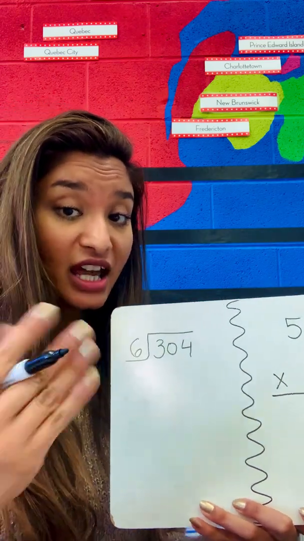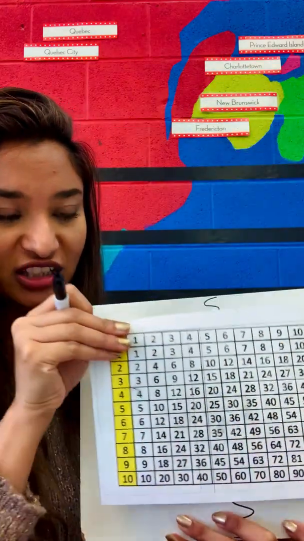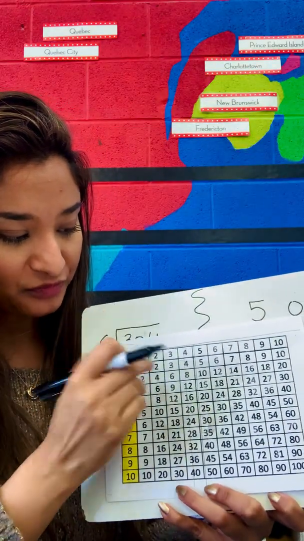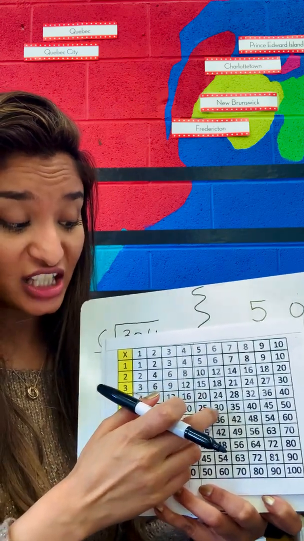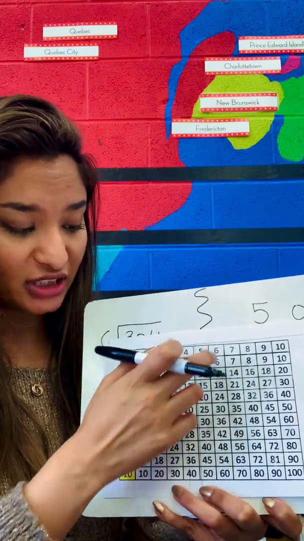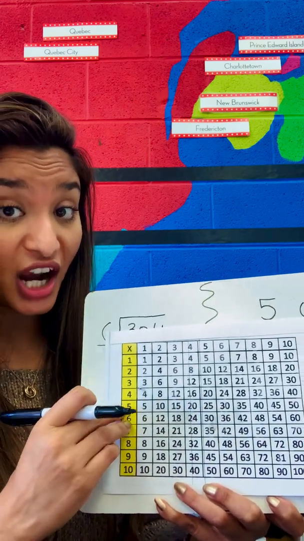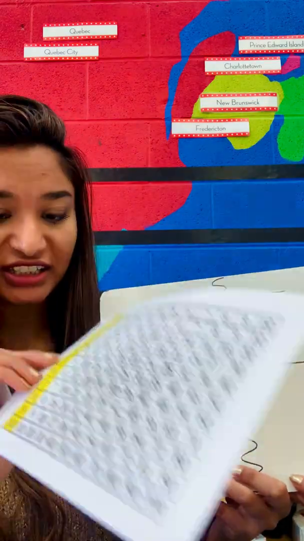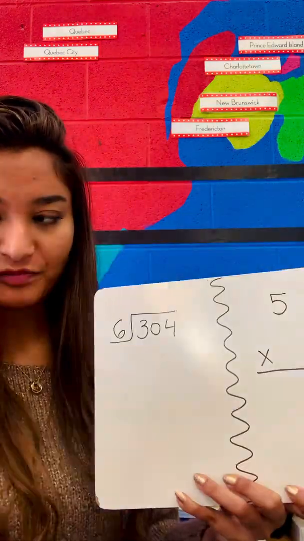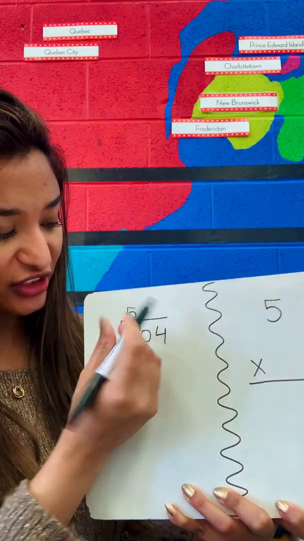Since I know my times table, or even if I don't, I can go to my sheet and look at, do I see anything that is 30 or close to? And there is, 30 is a multiple of 6. So how many 6s make 30? 5 6s make 30. So I write my yellow 5, this whole number 5, up at the top, because 5 6s would make 30.